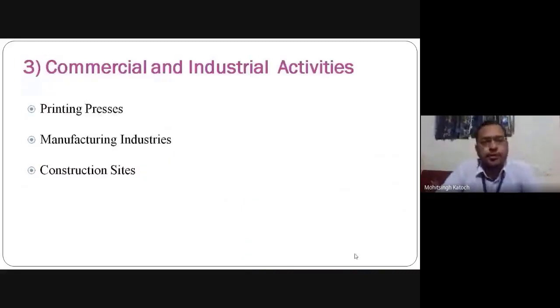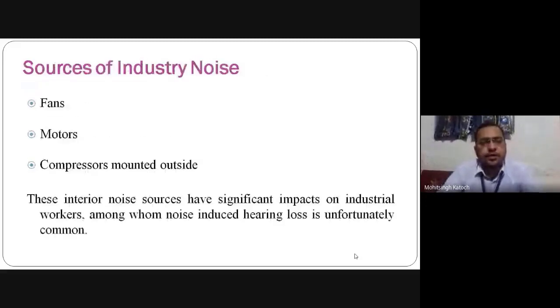Number third source of noise pollution is commercial and industrial activities. It includes various printing presses, manufacturing industries, and construction sites. So the sources of industry noise are the fans, motors, and compressors which are used in these industries.